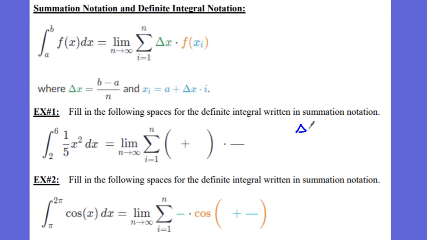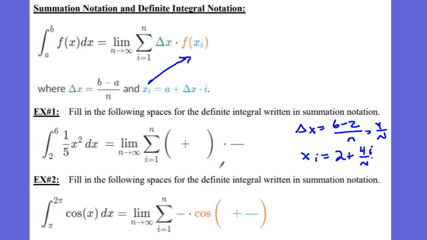For this one, I want to find out what delta x is. Delta x is b minus a over n. That's 6 minus 2 over n, which gives me 4 over n. And my xi is going to be equal to a, which starts at 2, plus your delta x. What was our delta x? It was 4 over n times i. And so what happens is I put my xi directly into my function.